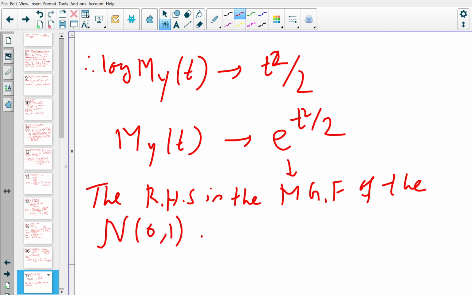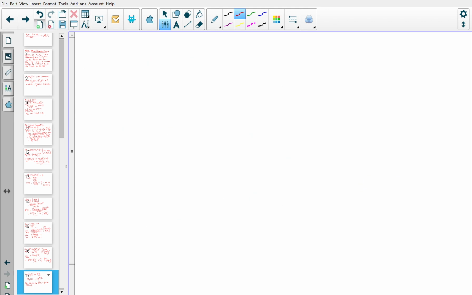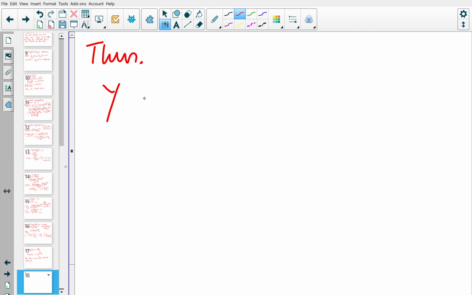So what do we get? We get that the moment generating function of Y converges to this, and hence Y tends to the normal distribution 0, 1 as n tends to infinity.